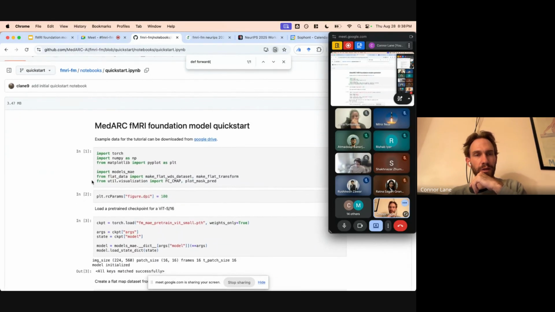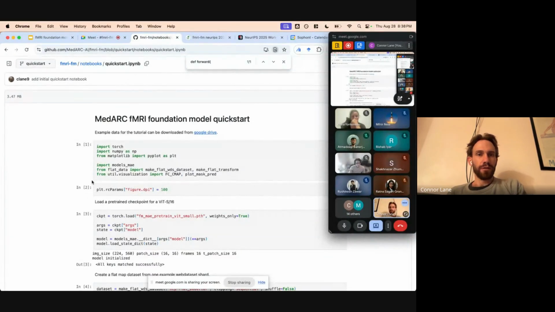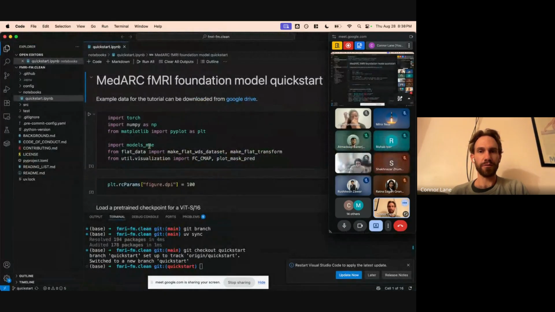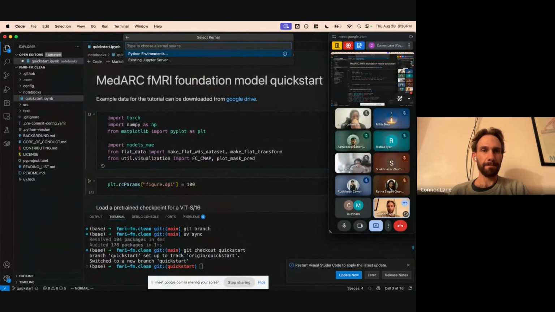You can get this notebook and run it and get the data from Google Drive. We'll just run this notebook on our machine. I'm just running this on my laptop, so you don't need any GPUs to run this notebook.